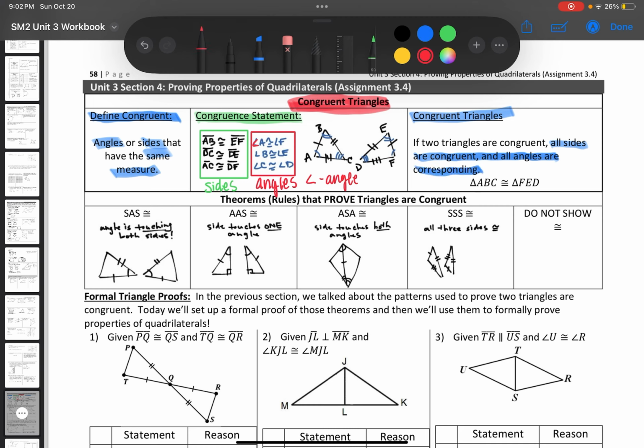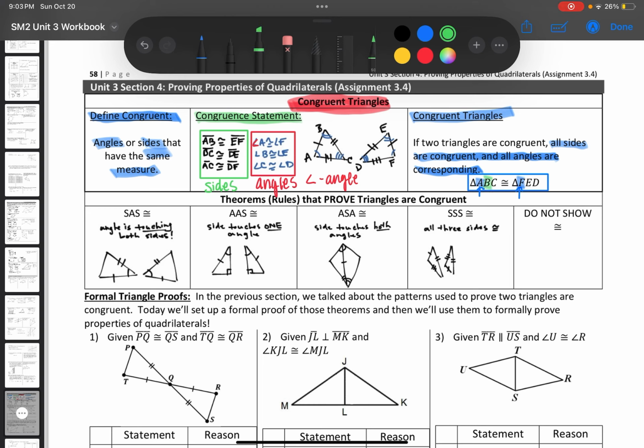This is the part I want to make clear. When you make a congruence statement, like this one right here, triangle ABC is congruent to triangle FED, the letters that are in the same place are corresponding angles. A is in the first place and F is in the first place, so A and F are corresponding angles.